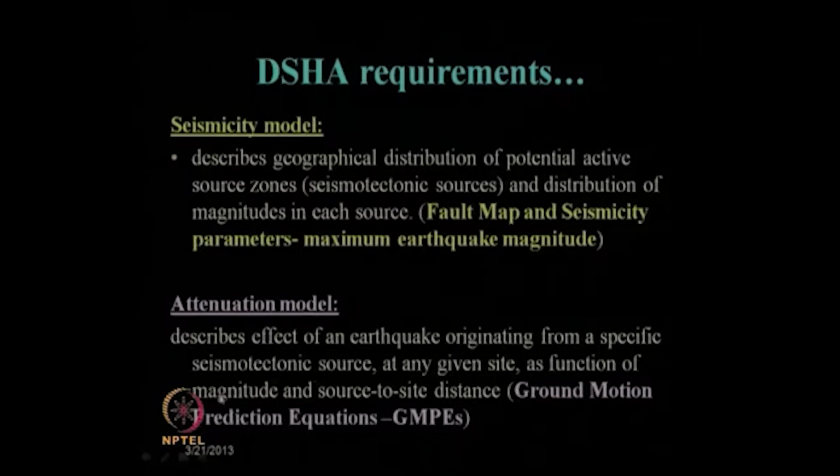So, it has to be a function of both of these two, not only a function of magnitude or only a function of distance. That automatically means we have to take care of ground motion prediction equations, GMPEs in short, as I have already mentioned. These have to be identified.